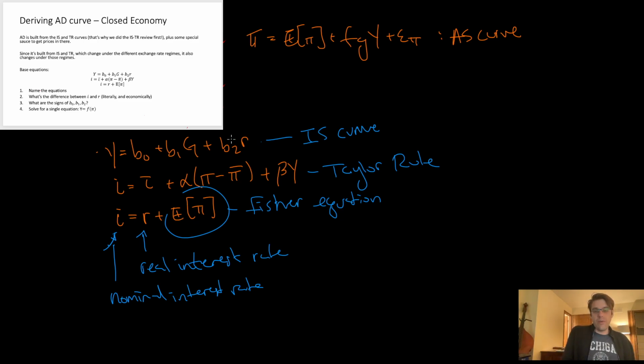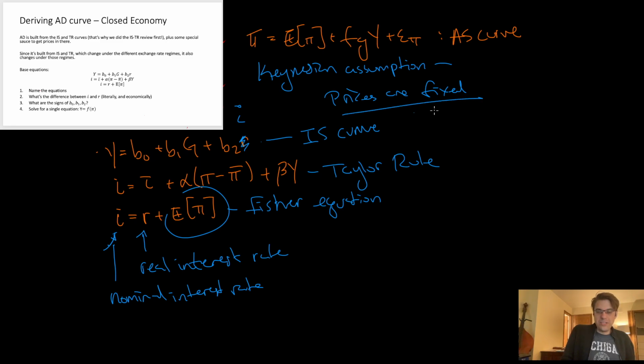So previously, when we solved the IS curve in the exercises in the first 2 weeks, we never had R here. We just put I here. And you see the connection between I and R, so we were dropping out this expected pi term. But the truth is that it doesn't matter, because when we have the Keynesian assumption, remember we started with this Keynesian assumption, which was that prices are fixed in the short term.